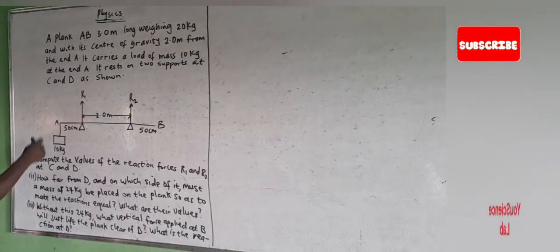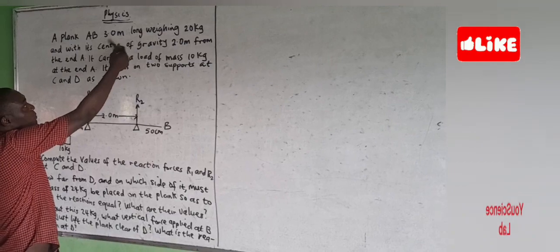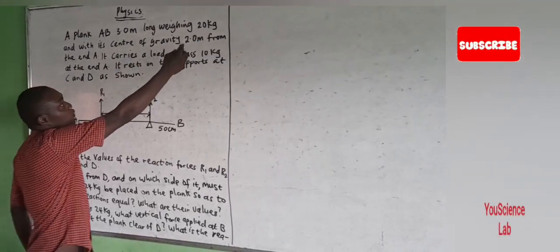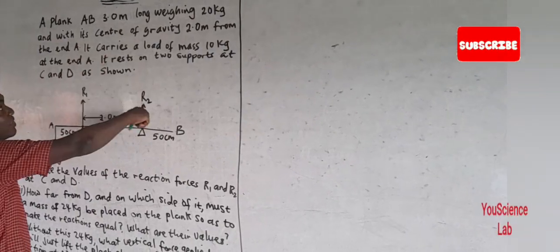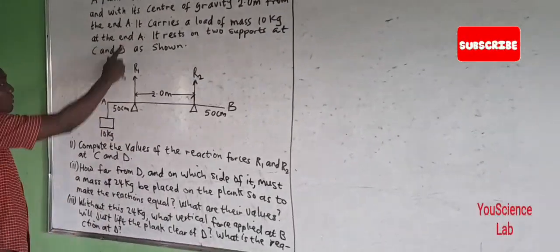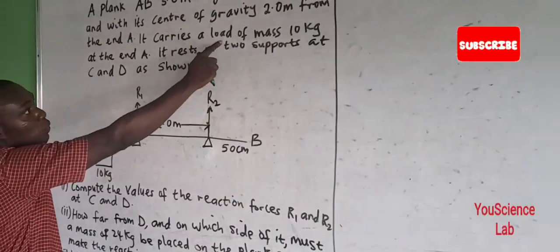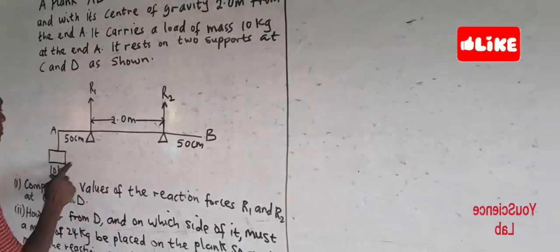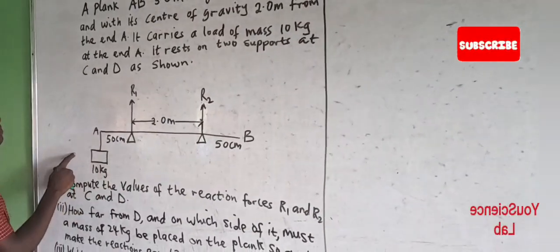A plank AB 3.0 meters long, weighing 20 kilograms, and with its center of gravity 2.0 meters from the end A. This is the end here. It carries a load of mass 10 kilograms at the end A. So this is the mass here, 10 kilograms.